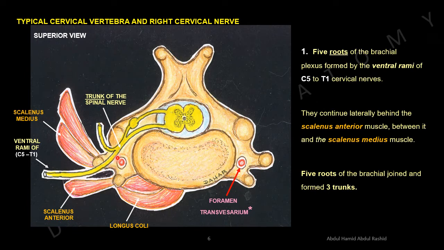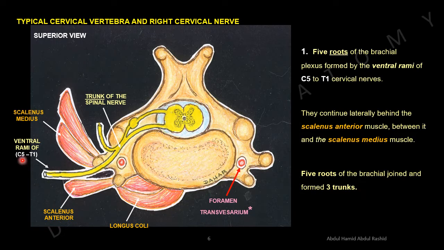This ventral ramus of the spinal nerve forms the root of the brachial plexus. Which nerve? That is, the ventral rami of C5, C6, C7, C8, T1 of the spinal nerve form the 5 roots of the brachial plexus, which is deep to the scalenus anterior muscle, between it and the scalenus medius muscle.